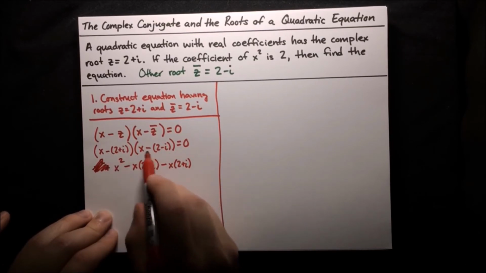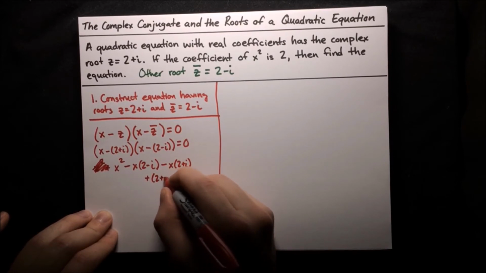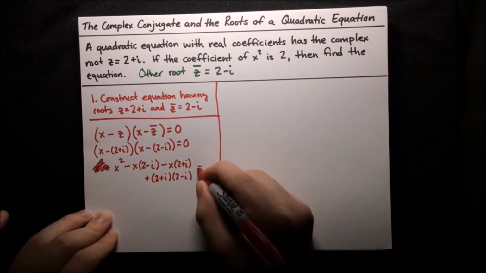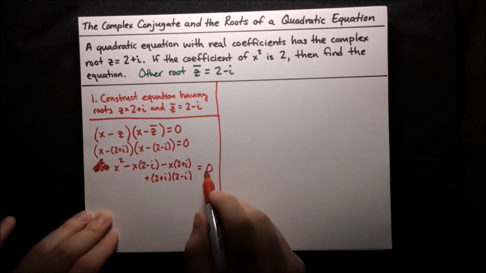So the leading minuses will cancel out, and we'll just have plus 2 plus i times 2 minus i is equal to 0. And we'll just go ahead and continue to simplify here.